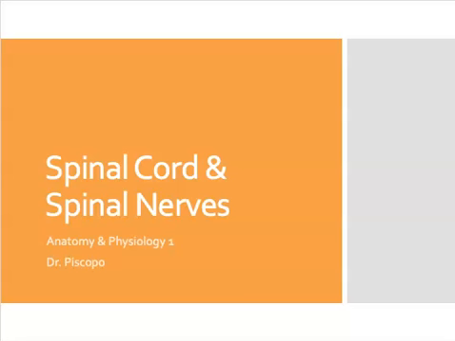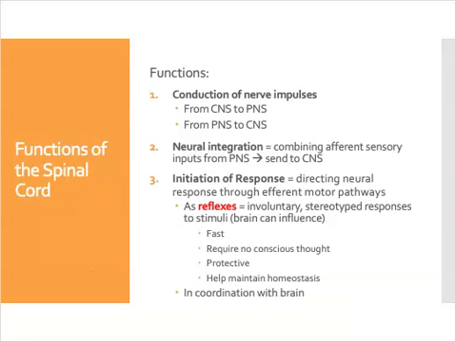Today we're going to be talking about the spinal cord and spinal nerves. Remember, the human nervous system can be broken down into two fundamental parts, the central nervous system and the peripheral nervous system. Inside the central nervous system, the spinal cord is providing three critical functions.